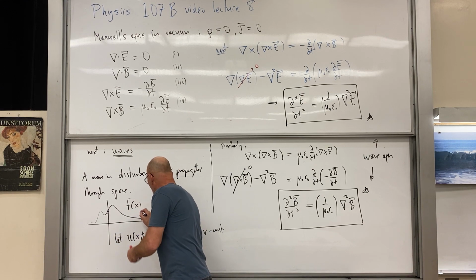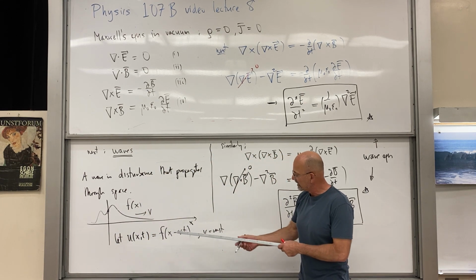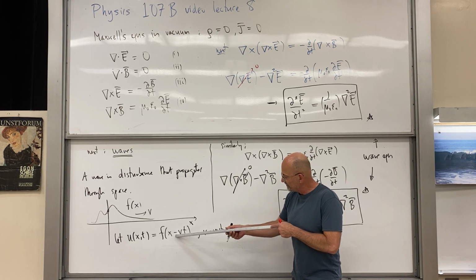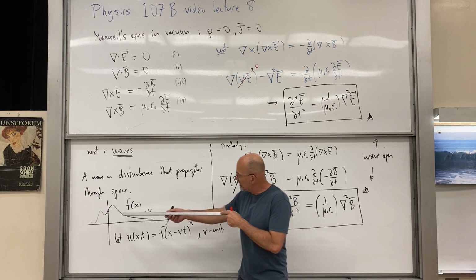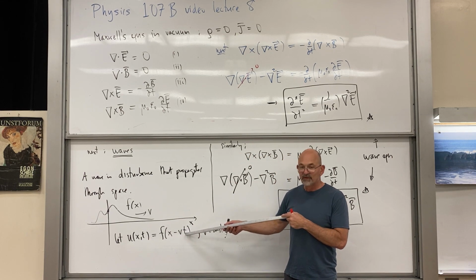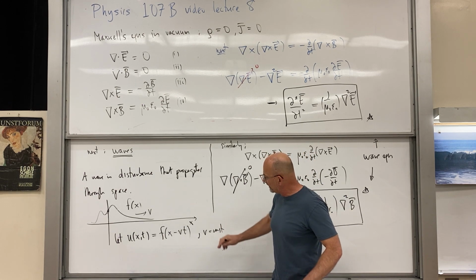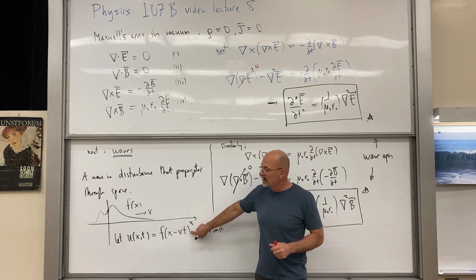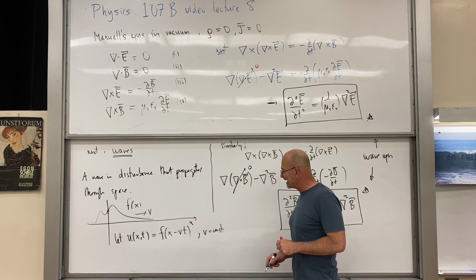So this whole thing will propagate to the right with the speed v, because the argument, f of 0, is now for x minus vt equals 0. So that's why you immediately see that this is describing this disturbance propagating to the right with speed v.